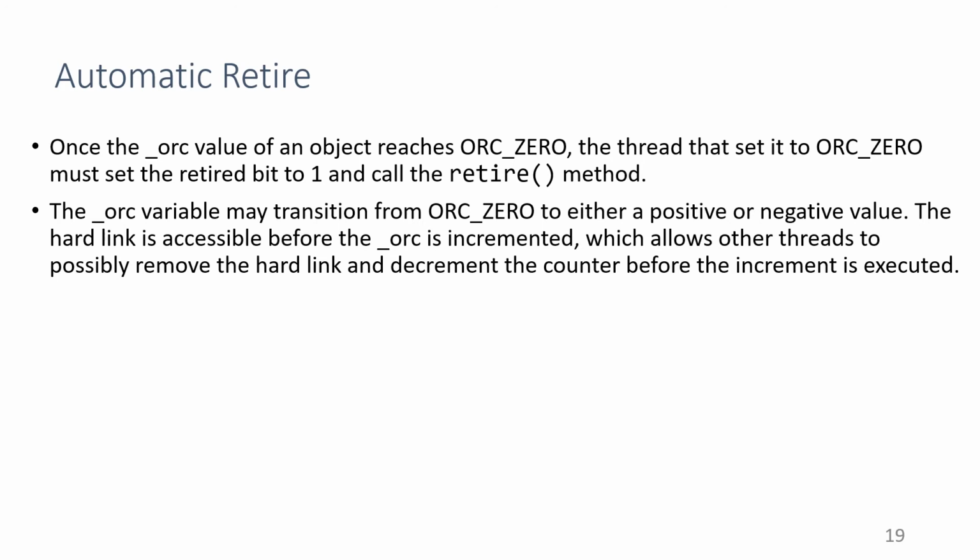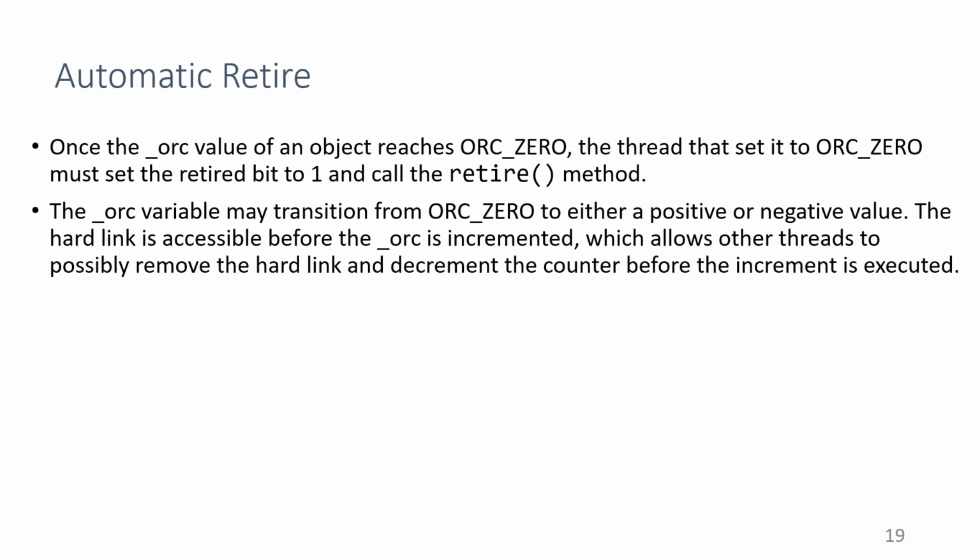It's interesting to notice that the _orc variable may transition from zero to a positive or negative value. This happens because of our implementation of the compare and swap, where we first execute the compare and swap that was requested, and only after, if it's successful, we change the _orc on the new value and old value, incrementing the _orc on the new value and decrementing on the old value.